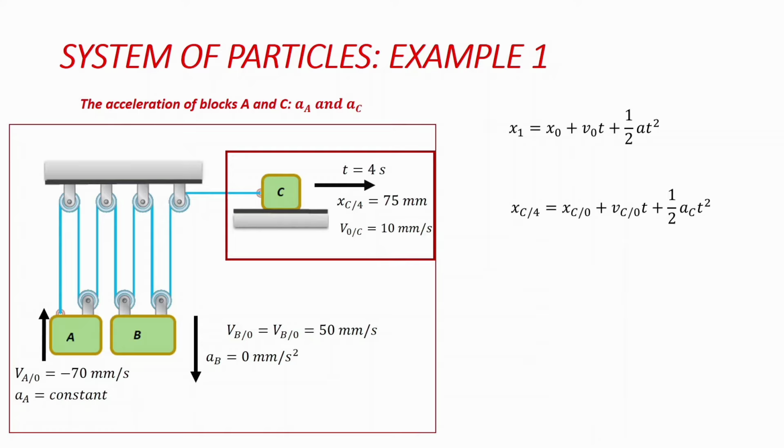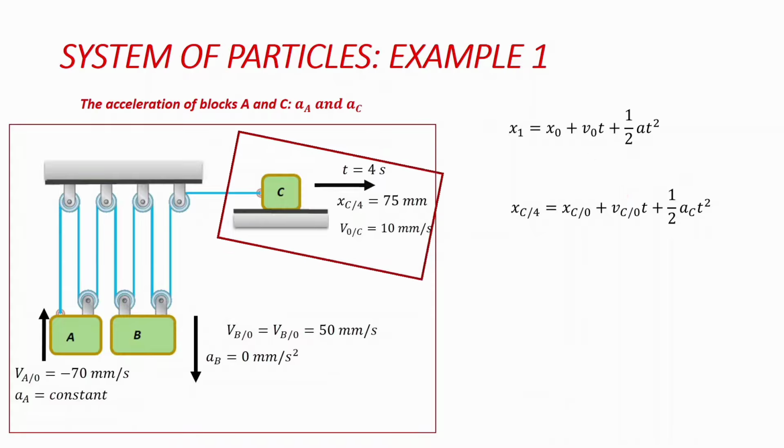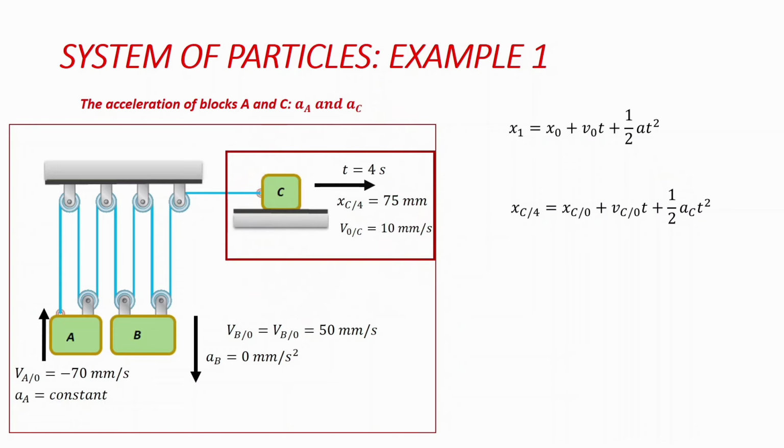If we replace that by the variables we have, the displacement when the time is 4 seconds, that's xC4. We have the initial displacement, which we said is always 0. Then we have the initial velocity, which we estimated to be 10 millimeter per second. And of course, we are looking for acceleration, and we have our time to be 4 seconds.